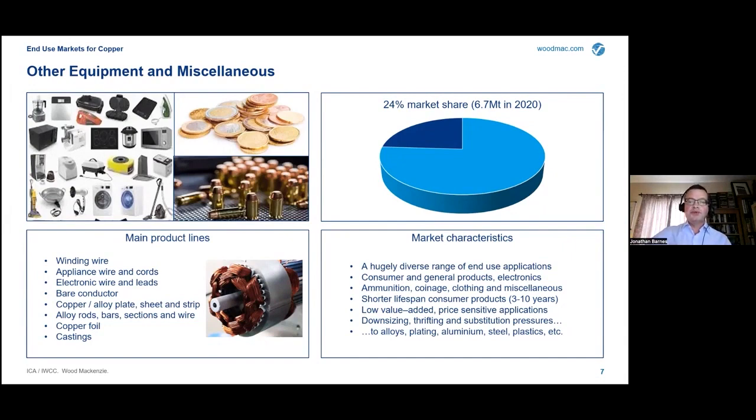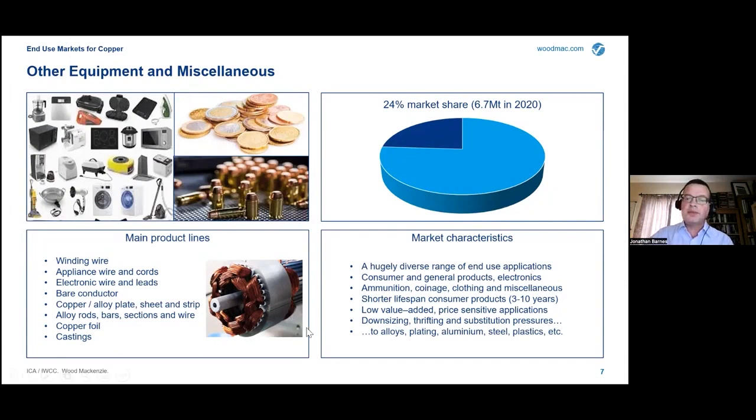Not surprisingly, it's absorbing a lot of product lines: winding wire, appliance wires and cords, electronic wires and leads, bare conductors, again, copper and alloy sheet, alloy rods, bars and sections, and also mechanical wire, copper foil for electronics, and castings. So we are left with a lot that's left over. So around about 24% of the global market, around 6.7 million tons in 2020.